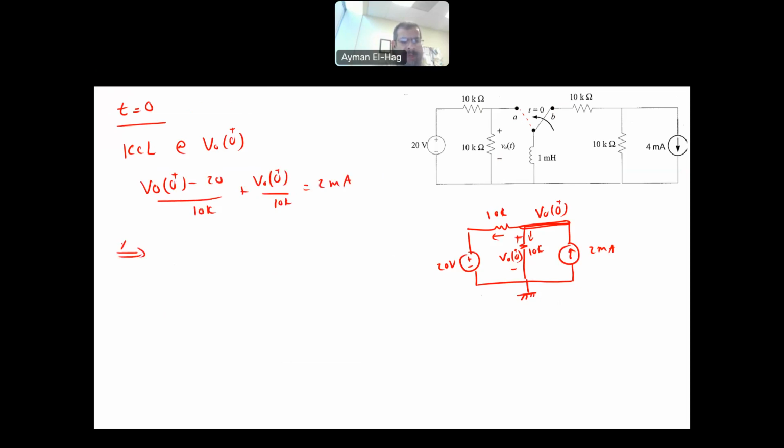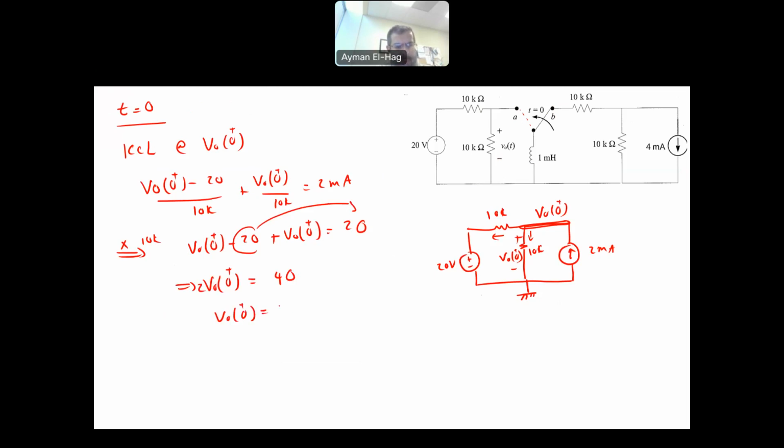I will multiply everything times 10 kilo. Then you have V0 at 0 plus minus 20 plus V0 at 0 plus equal to 20. Move this one here, it becomes 40. So 2 V0 at 0 plus is equal to 40, then your V0 at 0 plus is equal to 20 volts. That is the voltage at t equal to 0.